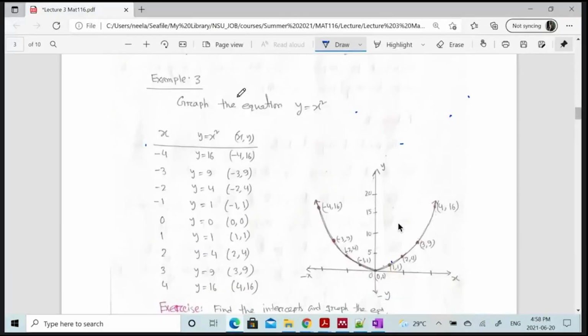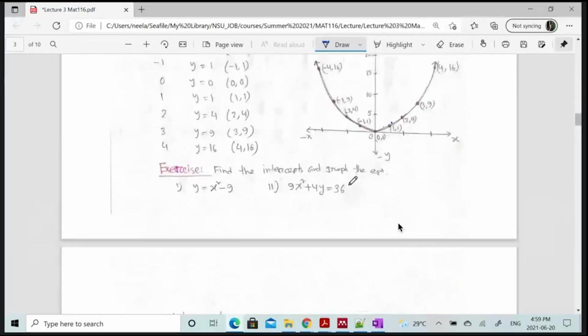With our general knowledge, we pick some values of x and then we get y and then we draw it. You see, we need a bunch of points. We need a lot of calculations. So after we know how to find intercepts and symmetry, we will come back here and draw the graph of this function using that information. And then you will see how easy it is going to be to draw the graph after that. So we'll come back here.